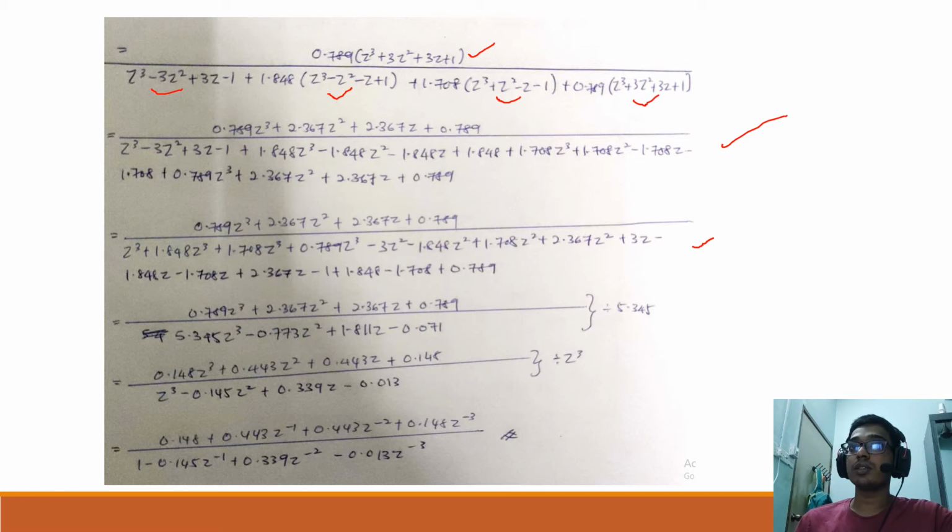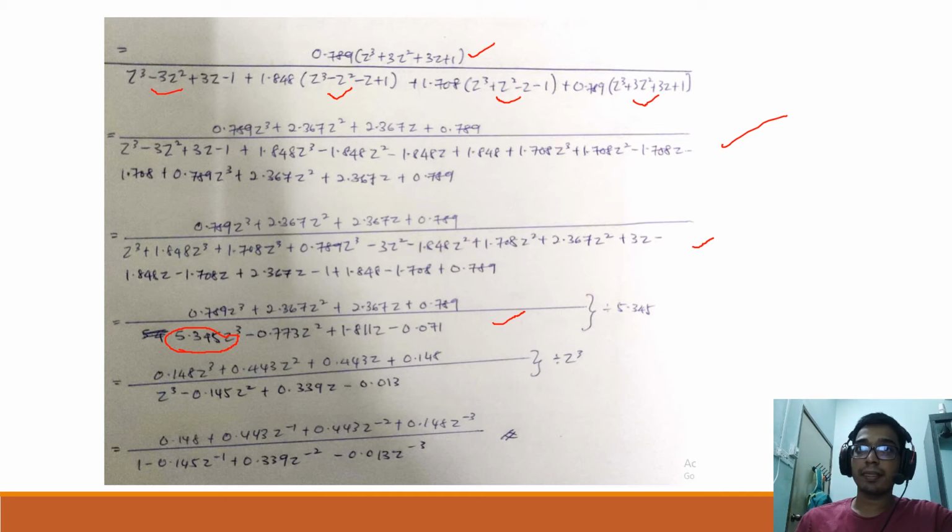With this value, I simplify by dividing by 5.345, which will get 0.148z power of 3 plus 0.443z power of 2 plus 0.443z plus 0.148.